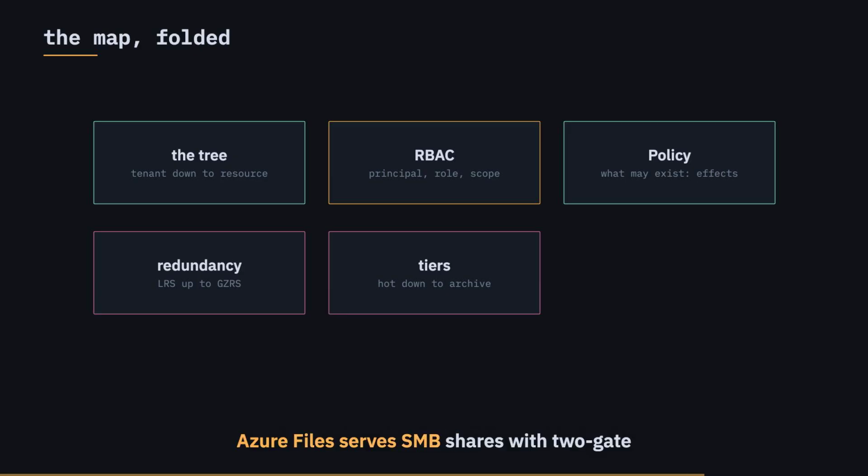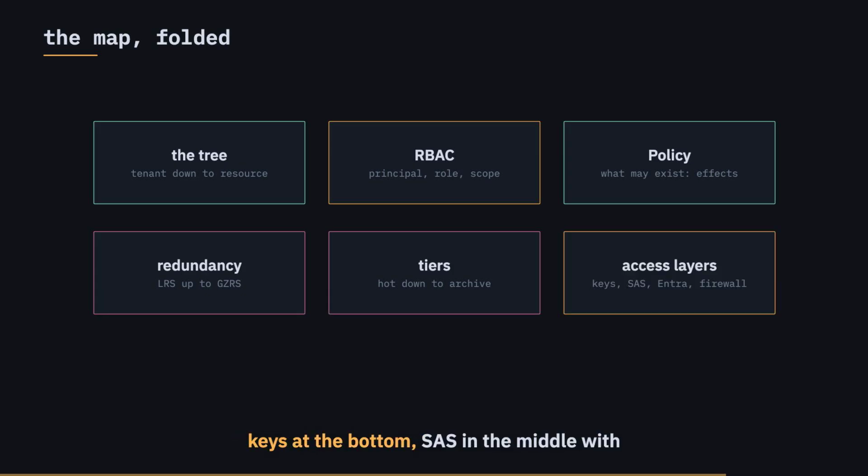Azure Files serves SMB shares with 2-gate identity access over port 445. And the account's doors are guarded in layers. Keys at the bottom, SAS in the middle with stored policies for revocation, Entra identities at the top, a network firewall around all of it, and encryption you cannot switch off underneath.